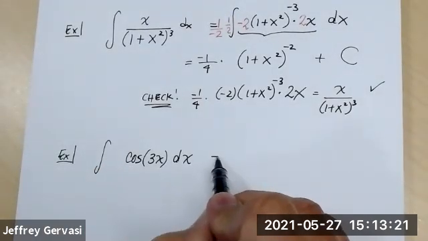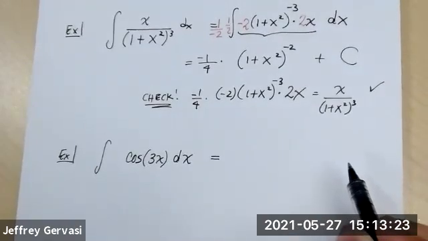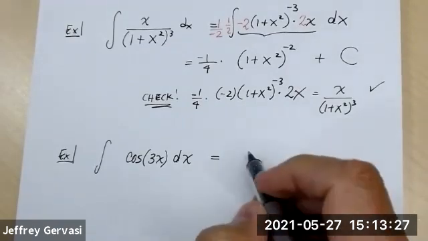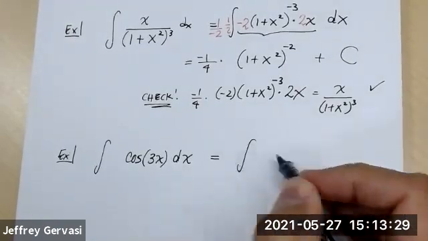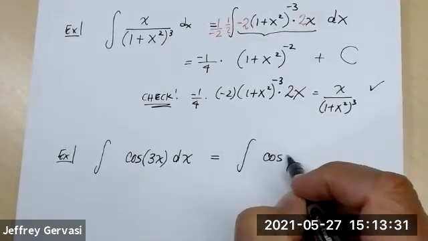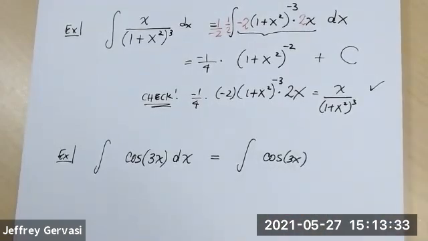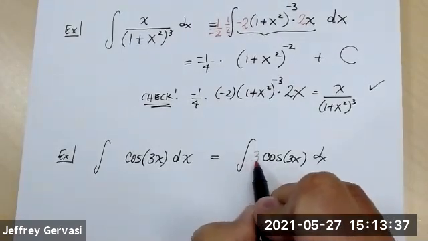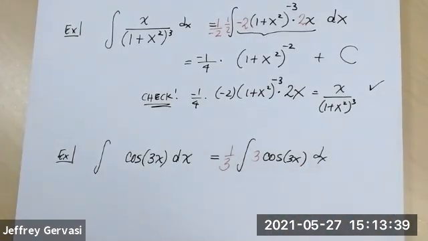What would it be missing? Yeah, it'd be missing a 3, huh? Right? It would be missing a 3. So maybe we write cosine of 3x, multiply by 3 here, divide by 3 on the outside to keep it even, to compensate, okay? And then it looks like what we would get is 1/3.